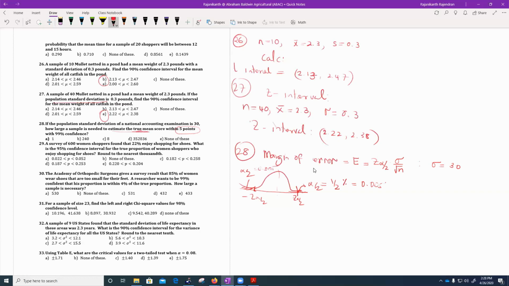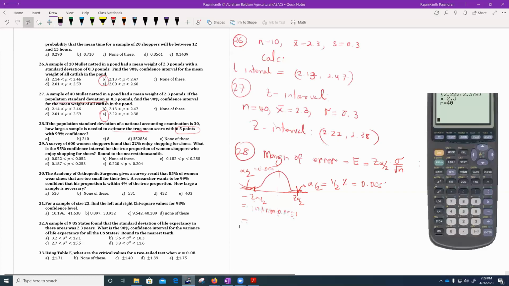Now, if you use the calculator, you could find this value by the inverse norm function. Use the inverse norm function with left area to this point 0.005. So if you use that, we could find the left z point.